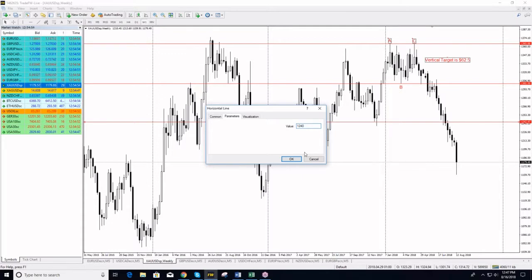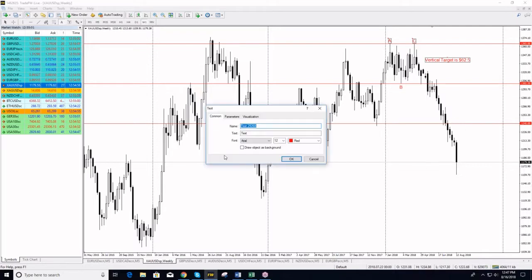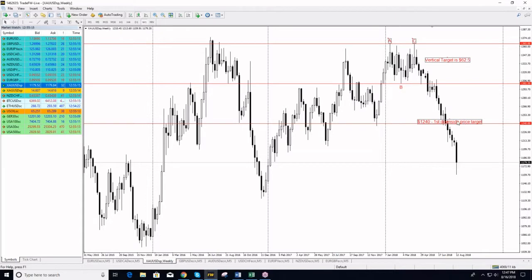So that's the first target price of gold, the first downside price target.